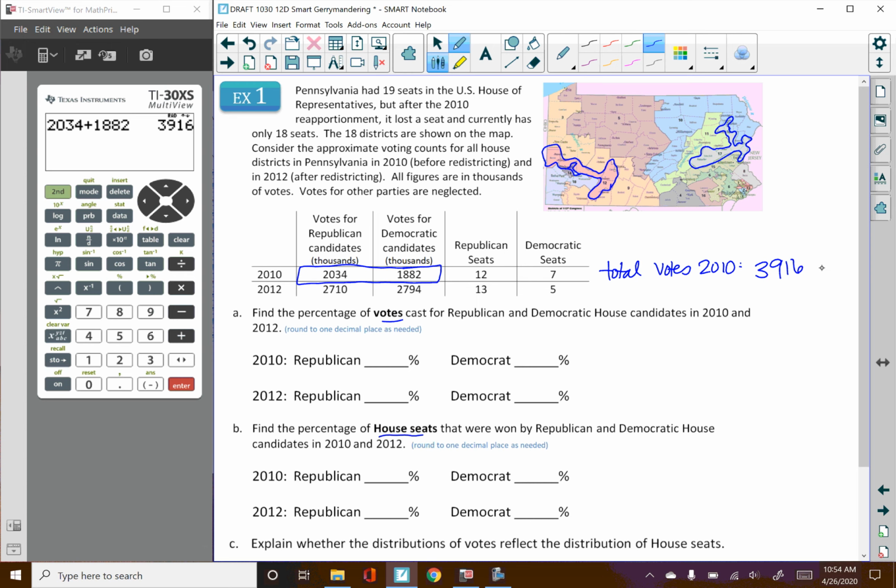Now these are in thousands, but we can work with these numbers. So if we want to find the percentage of votes cast for Republican candidates, we would just take the total for the Republican candidates, 2034, and divide it by the total number of votes.